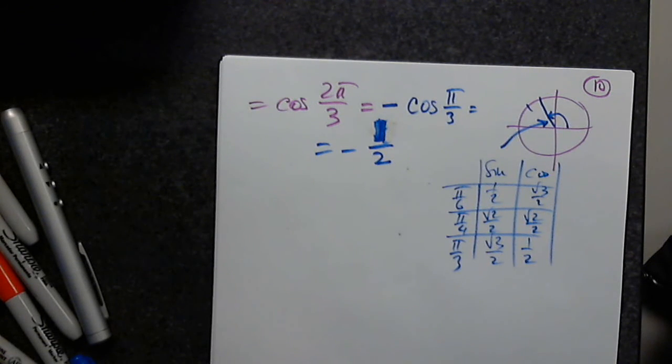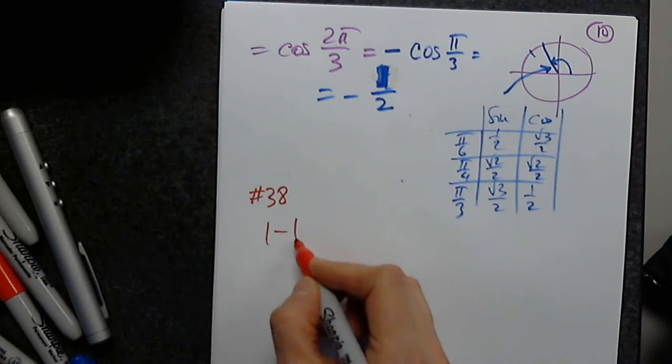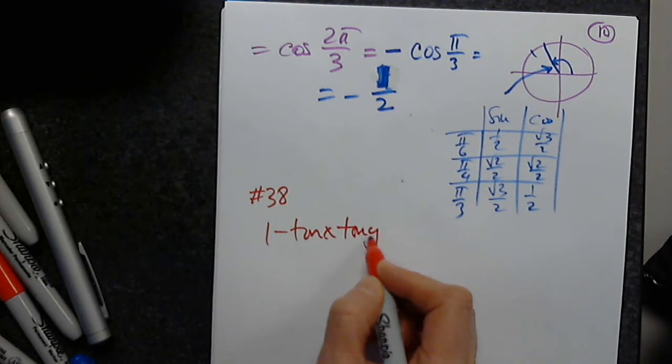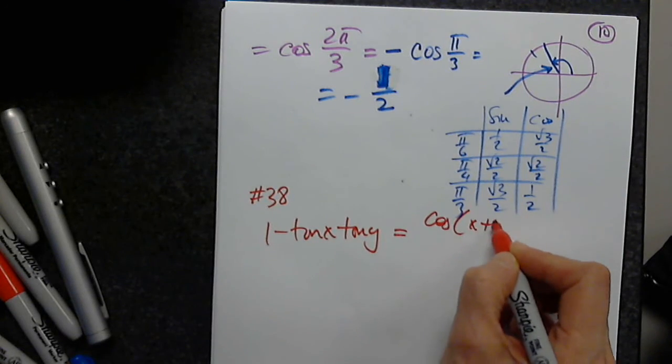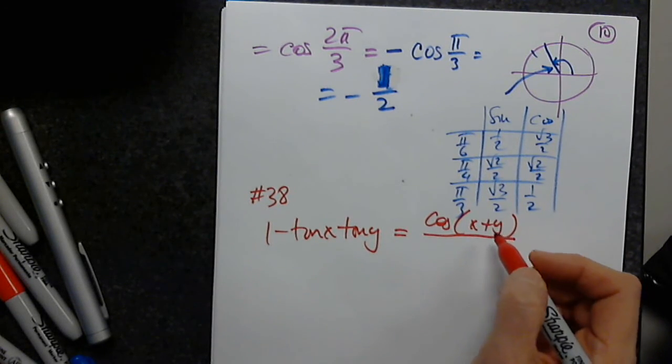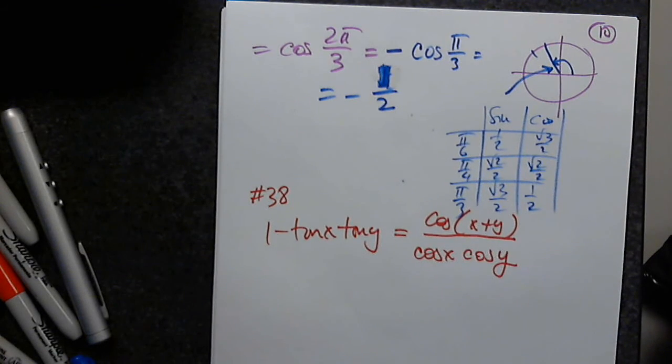Let's say 38. In 38, we have 1 minus tangent x tangent y. They say it equals cosine of x plus y over cosine x cosine y.